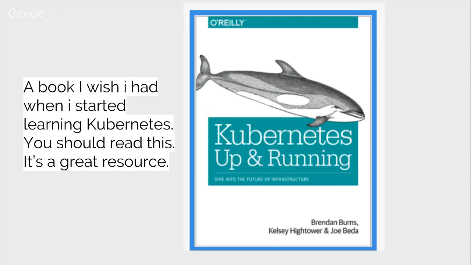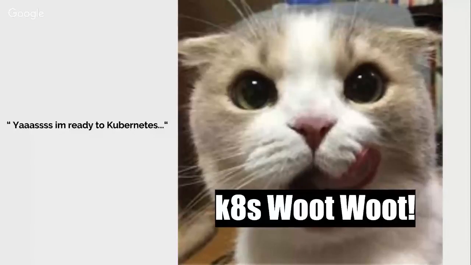It's a really good book. If you want to go from here and dive a little deeper, this will be a good place to start. So that's it. We did some Kubernetes, so get out there and do some more.